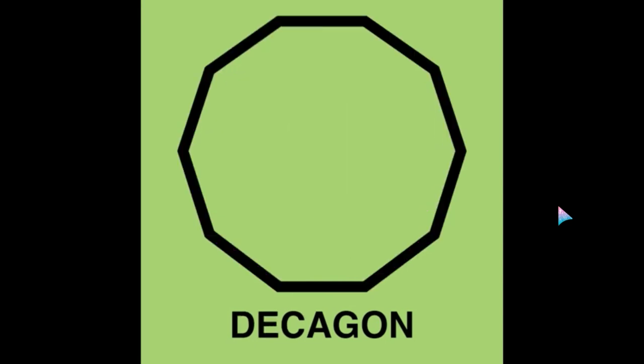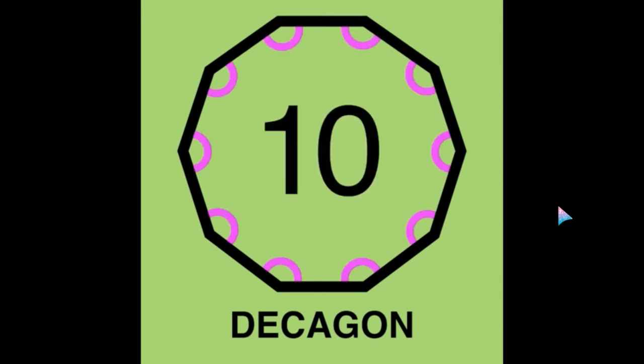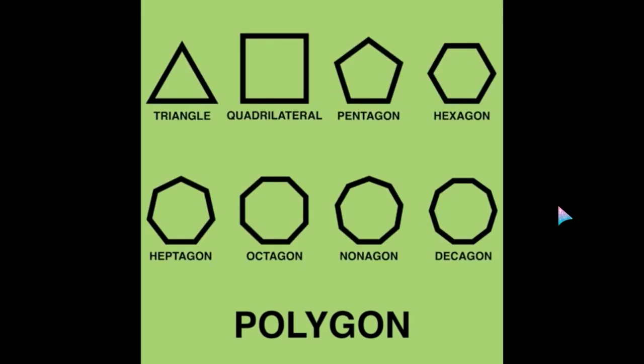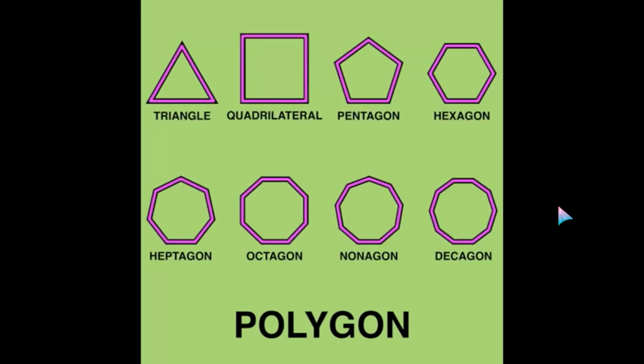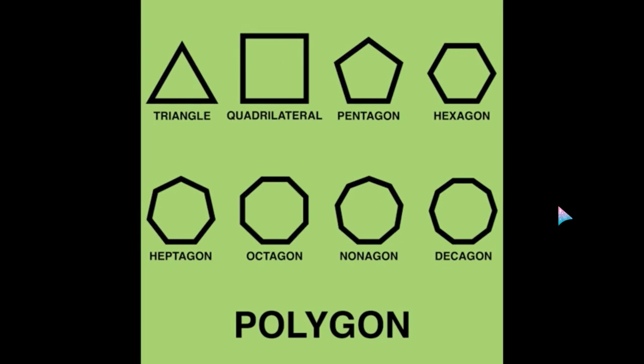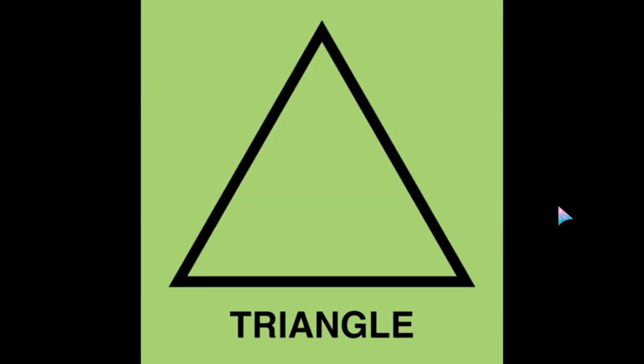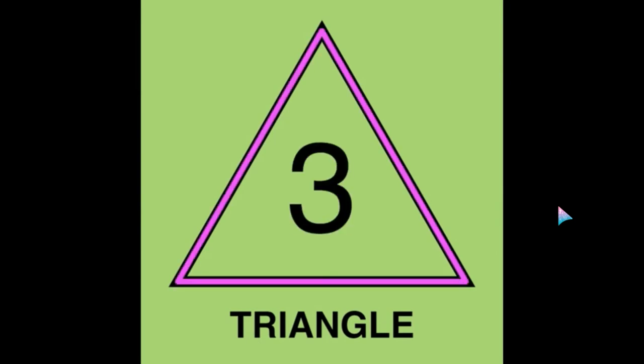A decagon is a polygon with 10 angles, 10 sides. Draw a triangle up in the air. 1, 2, 3.